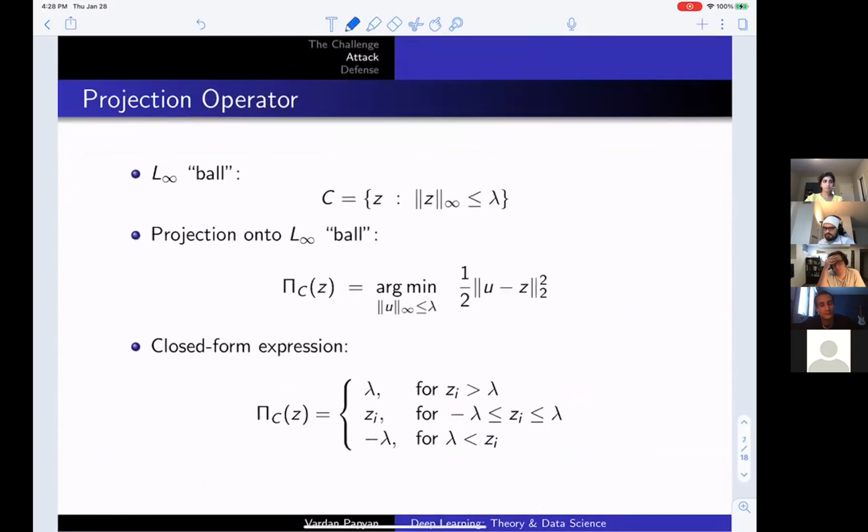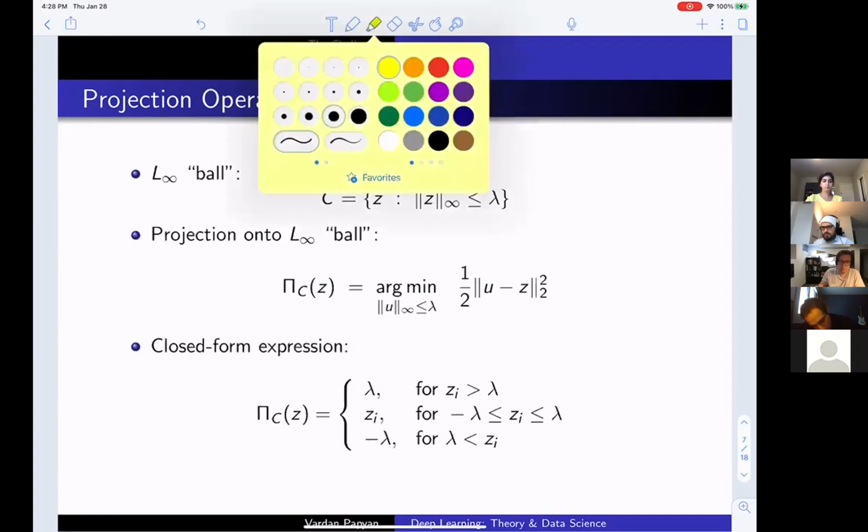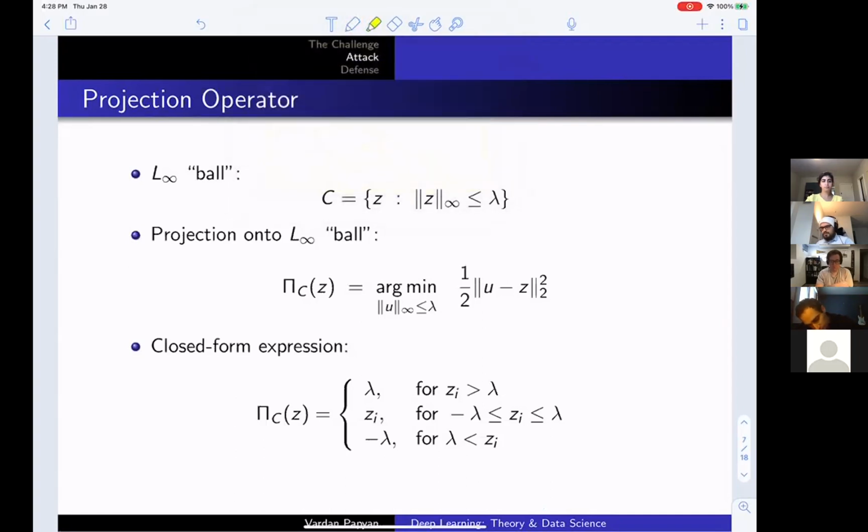In case someone doesn't know, I'll return to this slide again in 1 minute. I just want to remind people, what does it mean projection onto the L infinity ball? I'm not sure if this is trivial common knowledge or not. So the L infinity ball is defined as the set of vectors z which have an L infinity norm less than lambda.